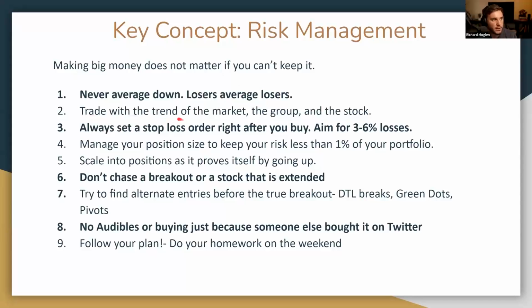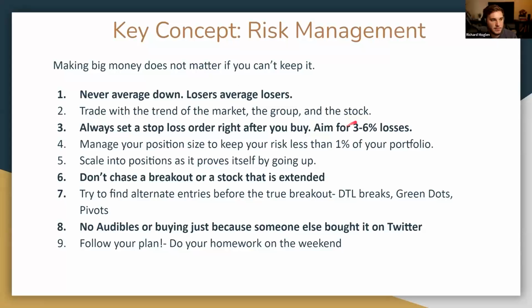You always want to trade with the trend of the market, the group, and the stock. So you're always aligning those time frames and trading above moving averages. You always want to set a stop loss order right after you buy. As I mentioned, this is a mistake I've made in the past, and I'll never do it again. And you basically want to aim for 3 to 6% losses, basically as tight as you can without choking off the trade.